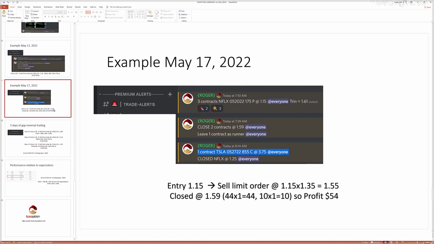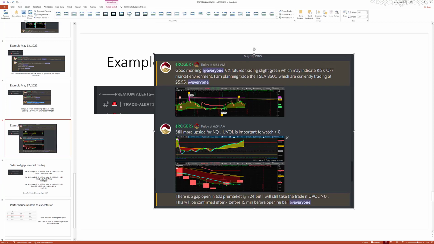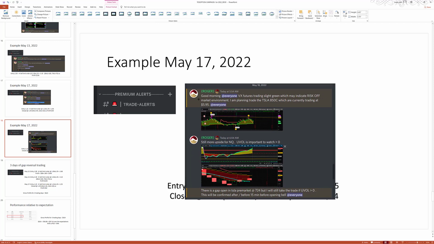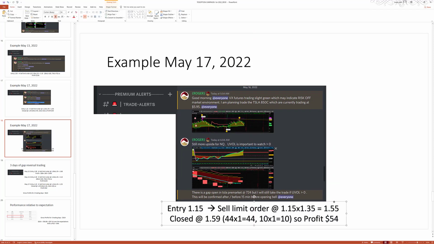Instead of just making these political assumptions that everyone's trying to crash the market, we're using the trend here and the VIX to give us some early signs of what we can expect from the market, concentrating on just the gap reversals. So that would be the routine.